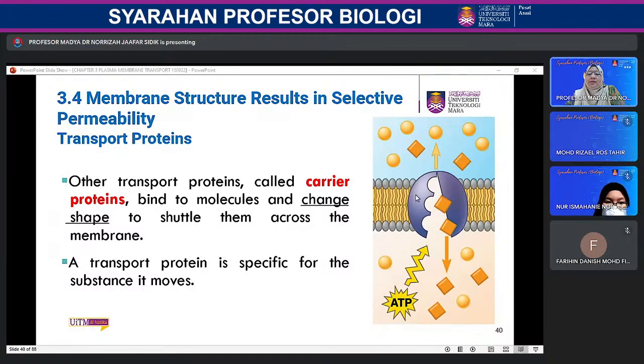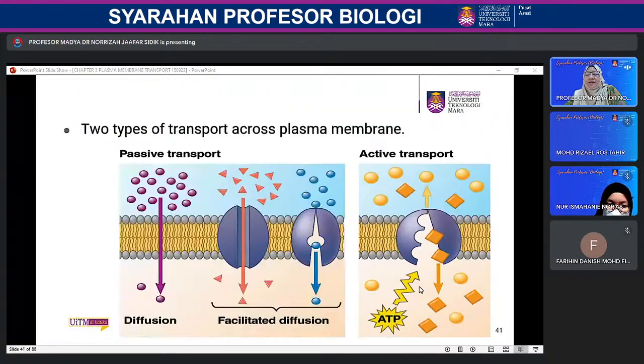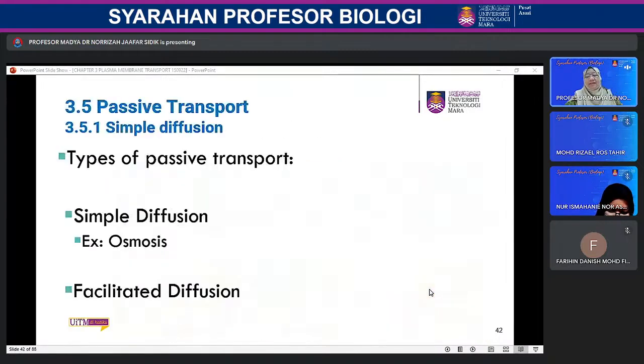There are two types of transport across the plasma membrane. One is passive transport, the other is active transport. Passive transport is diffusion and facilitated diffusion, whereas active transport needs the presence of ATP.